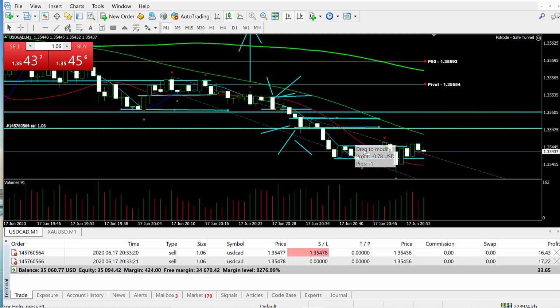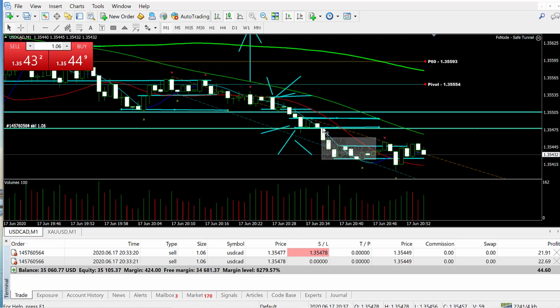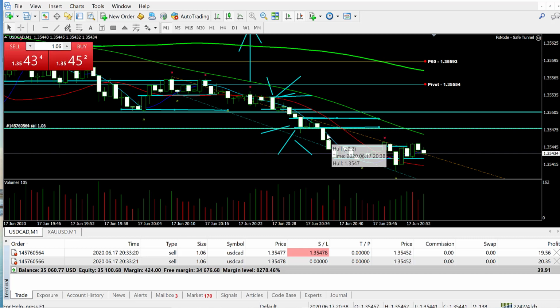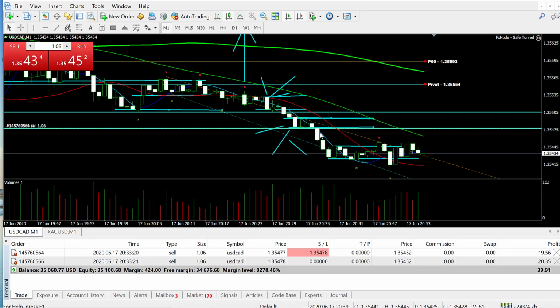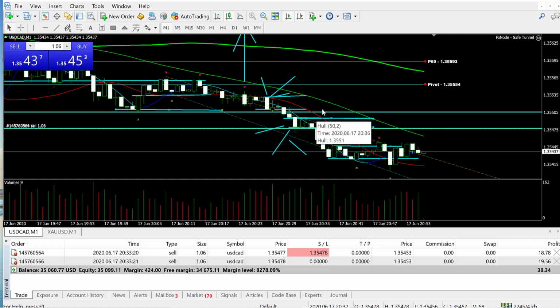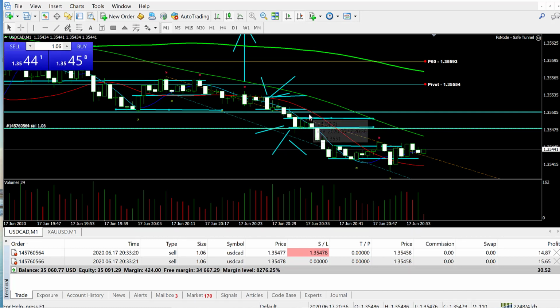These are short selling opportunities right here. So if the candlesticks break below this trend line, then we're looking for a sell. If it would have broke above here, then my trade would have been going in the wrong direction, and I would have at least been able to put my stop loss above here, knowing that I would have taken a small loss on my trade. And that's a simple, easy scalping technique that you can use and perform right now.